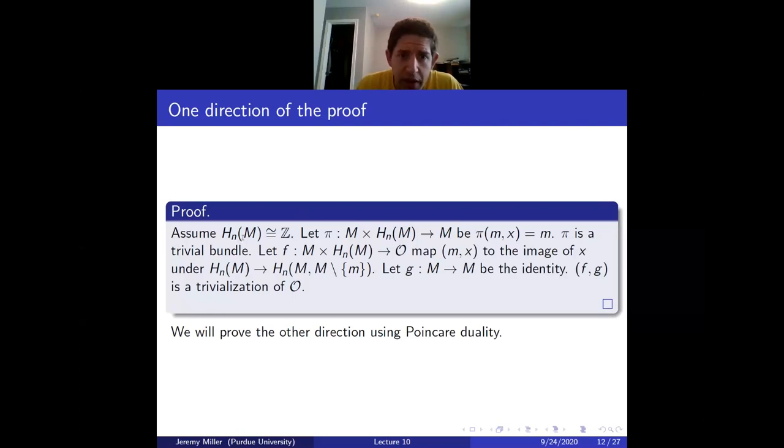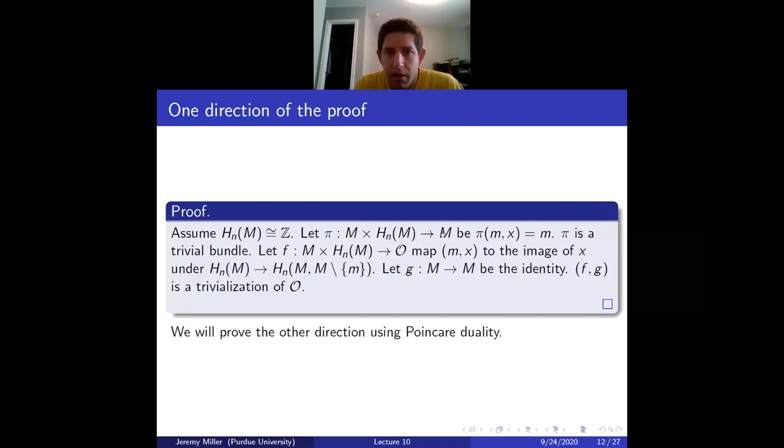Okay, so let's assume that the top homology is Z, and then let's find a trivialization of this bundle. Our model for the trivial bundle is just M cross H_n(M). This group is isomorphic to Z, and doesn't depend on which point in M we're picking, so this is definitely a trivial bundle.